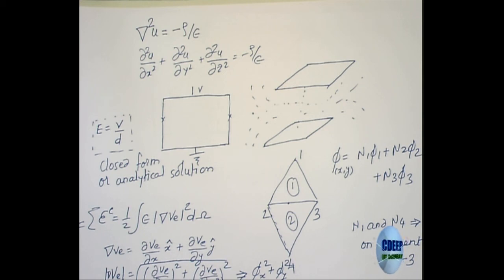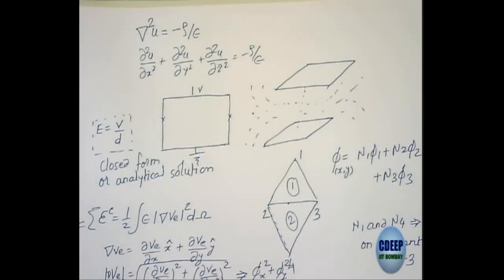Right. So now you see, when it was simply the Laplace equation, f would have been just half del v square. But now since you have a Poisson's equation and on the right hand side you have f, which is a source. What is f there?